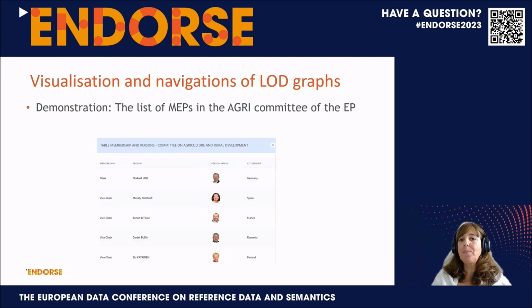Next slide. This is an example of one of the options we saw before. This is the table membership and persons, where a table has been shown with all members of the European Parliament that are part of the Agri Committee. Next slide.